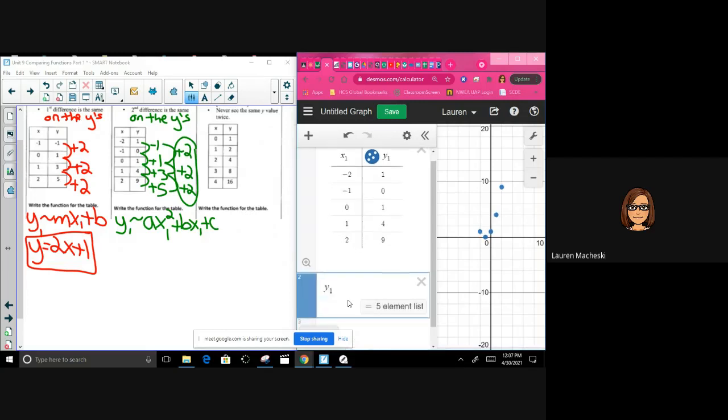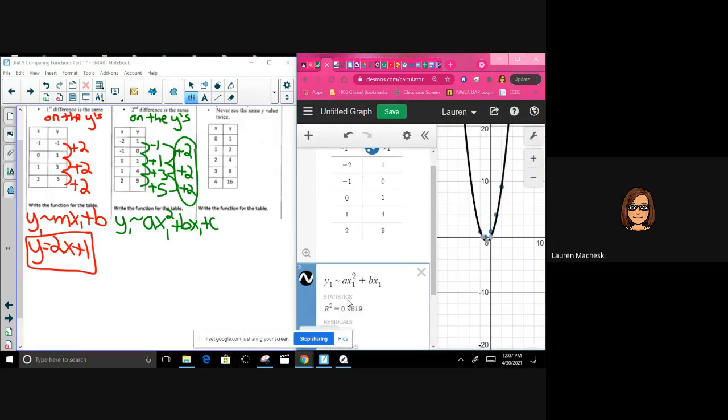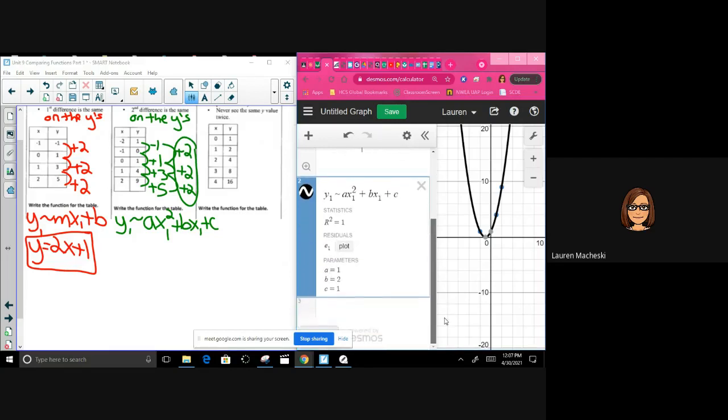So y1 squiggly, a, x1, and then you need to square that, plus bx1 plus c. And you see how it makes me my parabola line right through those points. And now I just need to scroll down to see my a, b, and c so I can write my equation.